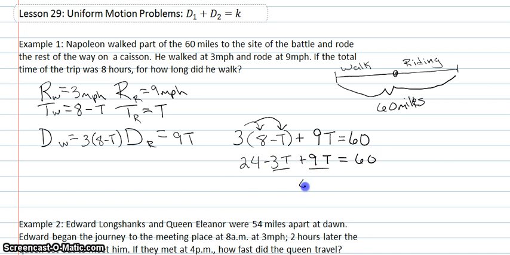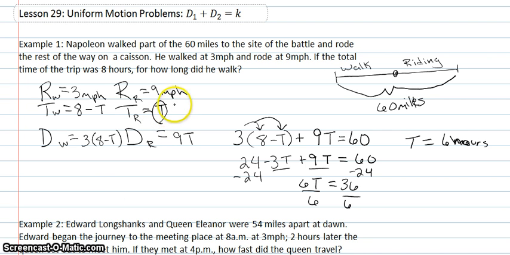Combine the like terms, that gives me 6t. I'm going to subtract 24, and that'll give me 36, and then I'll just divide both sides by 6. So our time is 6 hours, and that was the time he was riding.